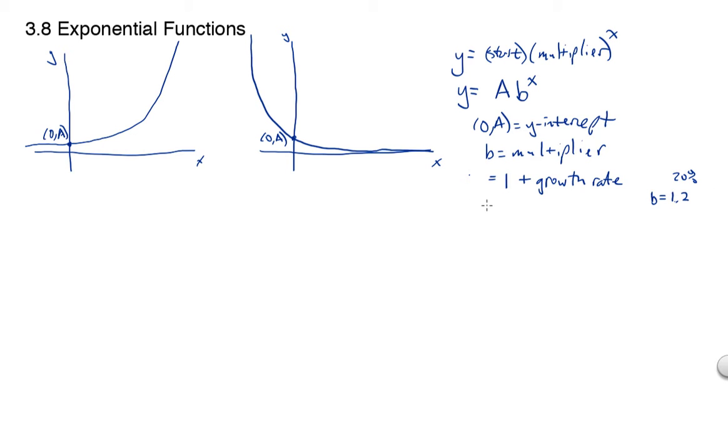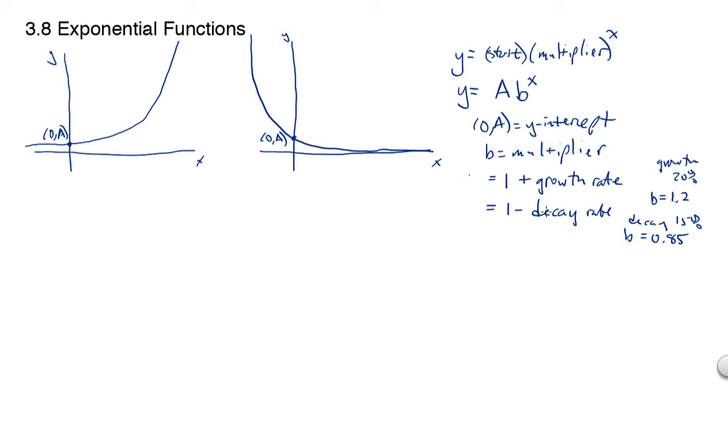If it's a decay, then it's 1 minus the decay rate. So if it's a decay of 15%, the multiplier you're multiplying by each time is 1 minus 0.15, or 0.85.